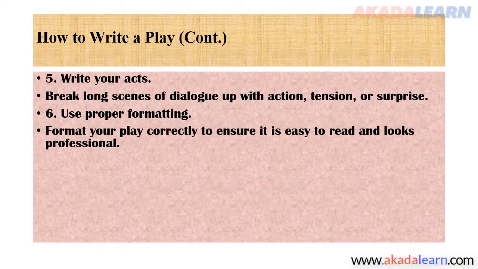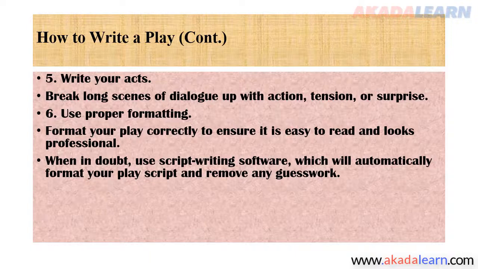You format your play correctly to ensure it is easy to read and looks professional. In this case, when you are in doubt, you can use script writing software, which will automatically format your play script and remove any guesswork.